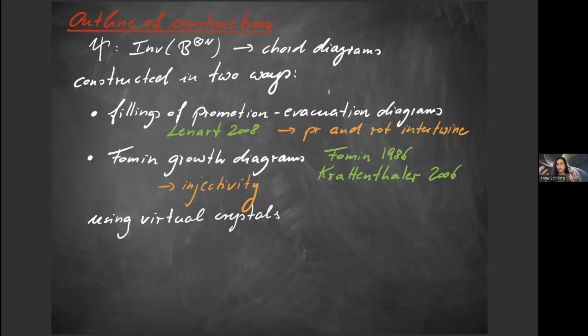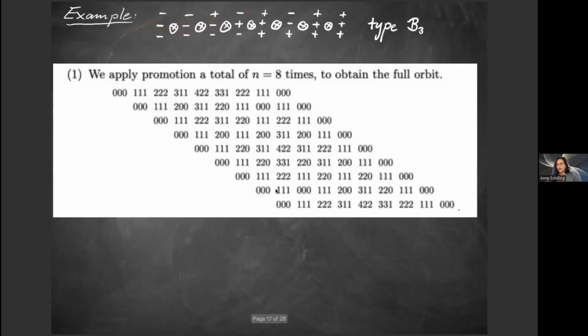And this way of viewing things shows that promotion and rotation actually intertwine. And then the second way is using Fomin growth diagrams. And this way of viewing things proves injectivity. And we do all of this, as I said, using virtual crystals. So since this was a little bit fast, let me just do this in terms of one example, but I refer you to the actual paper for more details.